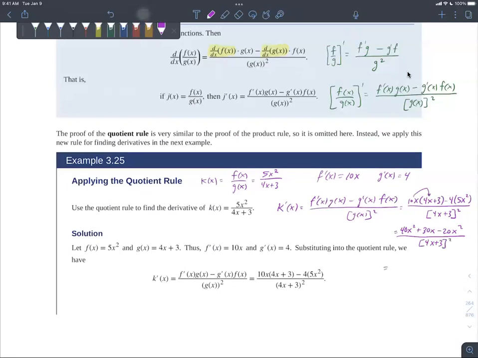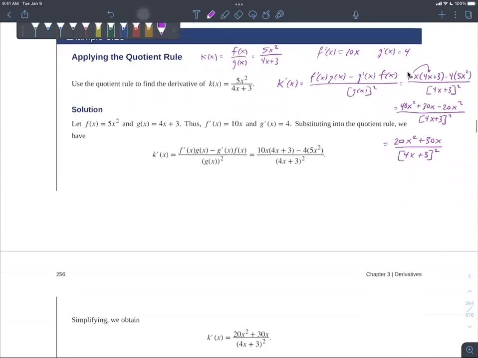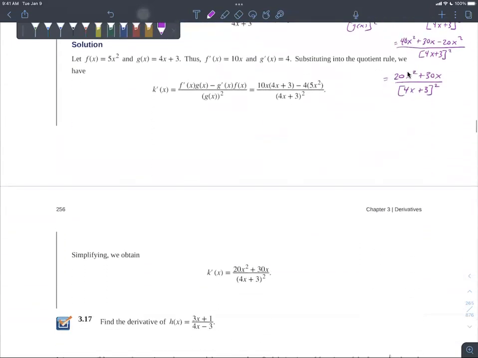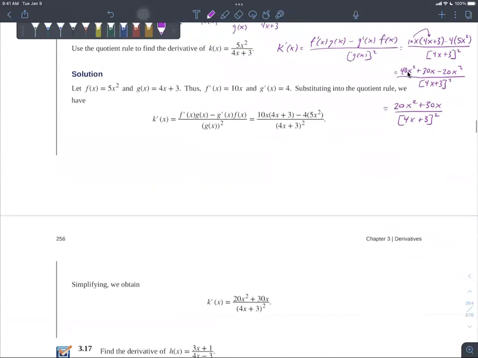And so the only thing that we can really cancel here is 40x squared minus 20x squared, that's 20x squared plus 30x. This is all over 4x plus 3 squared. Doesn't really simplify much more than that. And yes, this is k prime of x. We'll leave it as k prime of x. All right, very good.